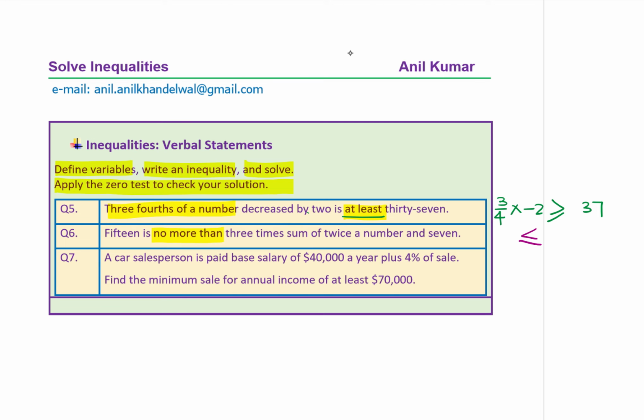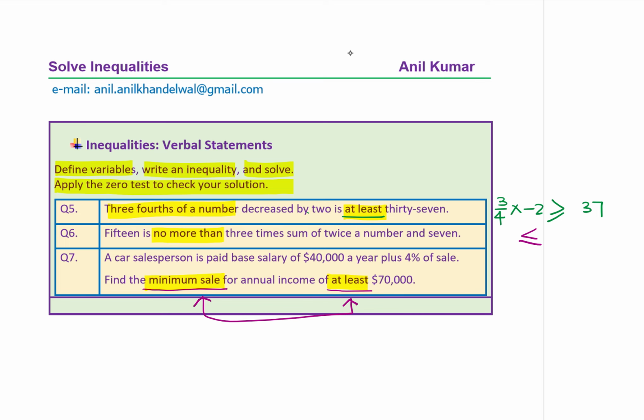Find the minimum sale for an annual income of at least, you see that word, at least $70,000. Of course we have qualified it with minimum sale, so that is kind of related. But since this is our initial example, we're trying to use the two words so that you could correlate them. So it has to be 70,000 or more. You get the idea, right? So that is how we are going to solve this.